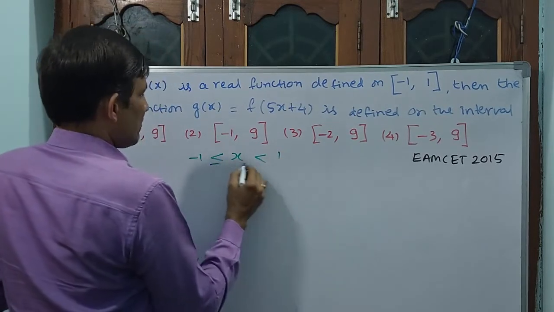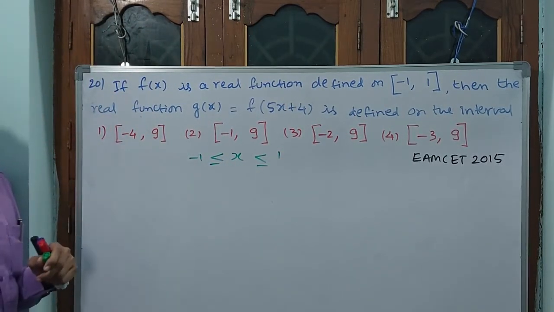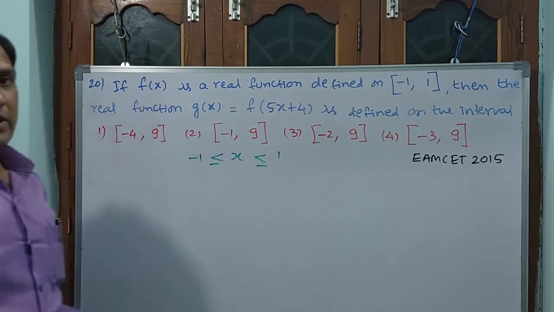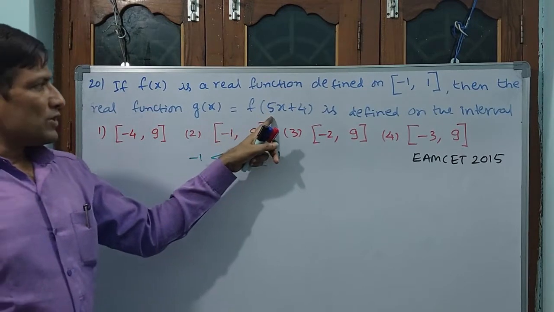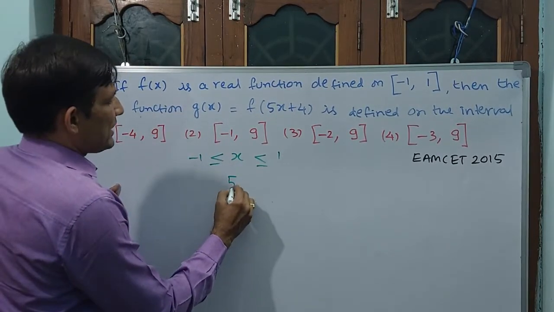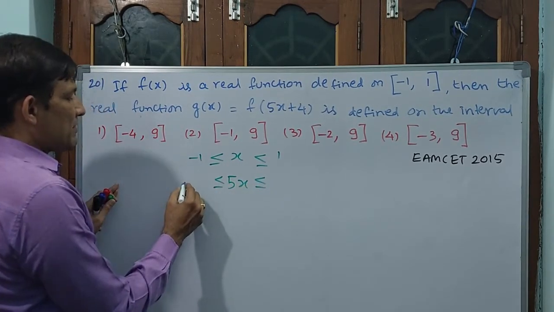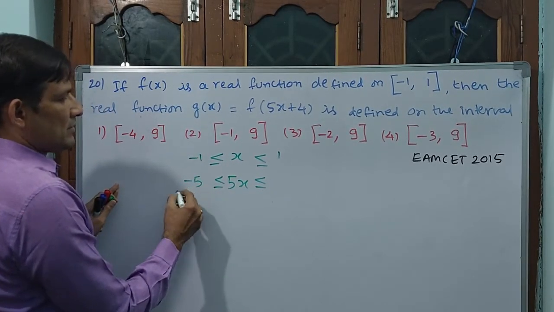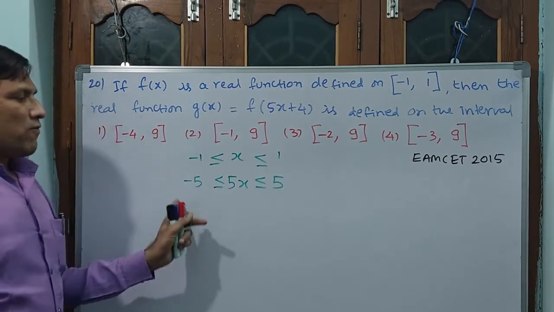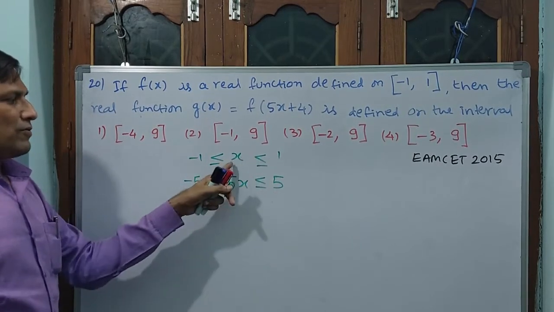Okay, this is the first condition. Then you have to find 5x plus 4. Directly you cannot find. First you multiply with 5. If I multiply with 5x, then I have to multiply minus 1 into 5, minus 5, and 1 into 5, 5, and 5 into x, 5x.